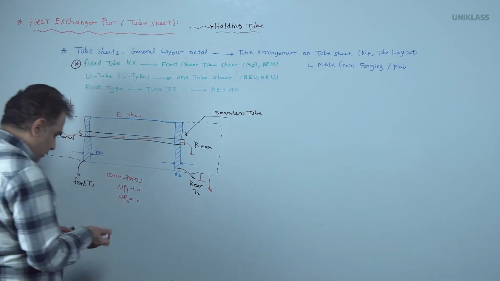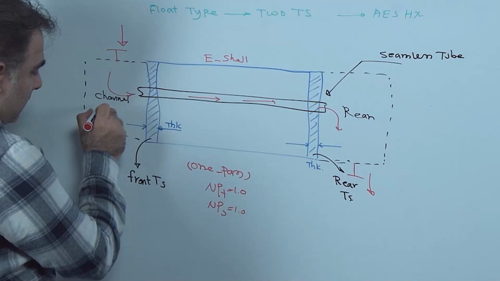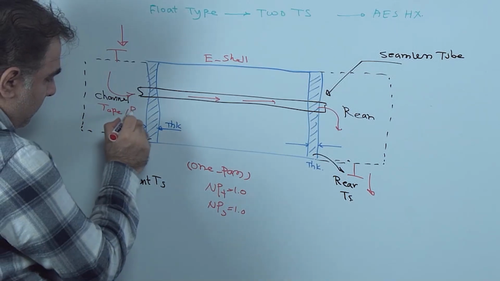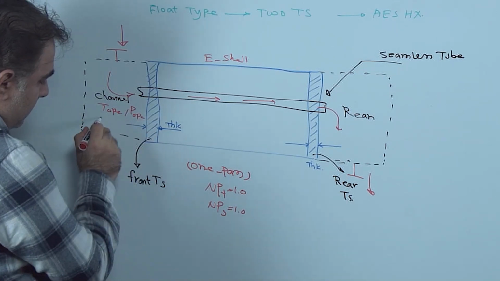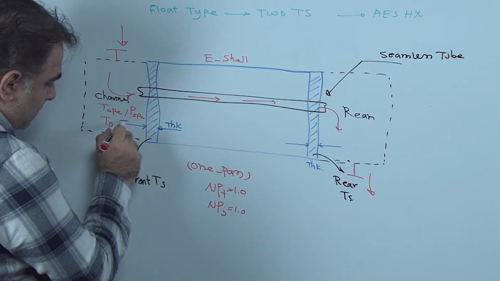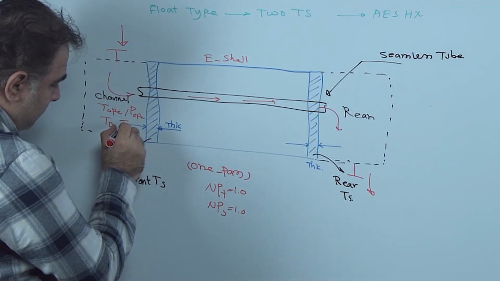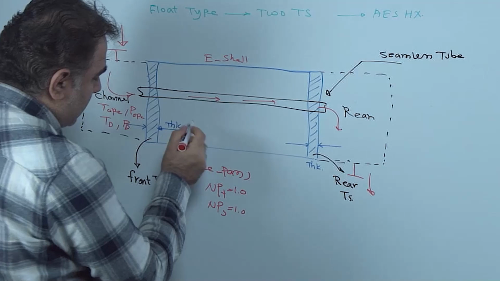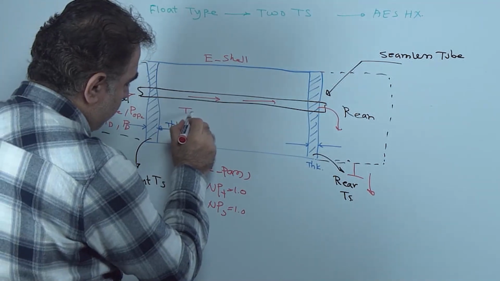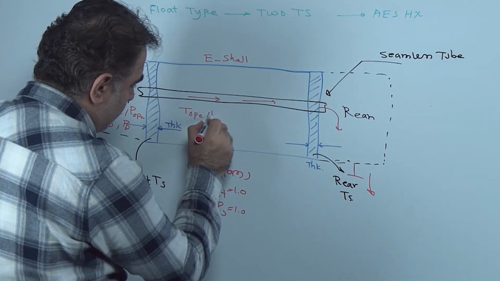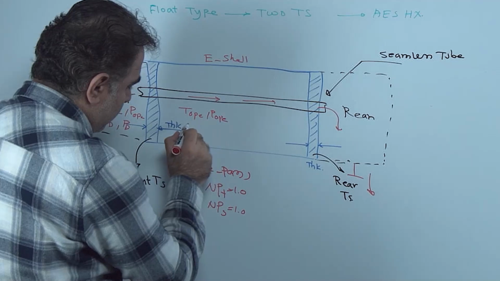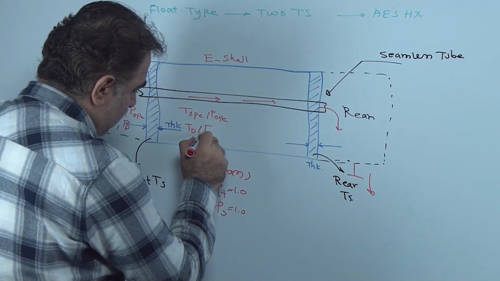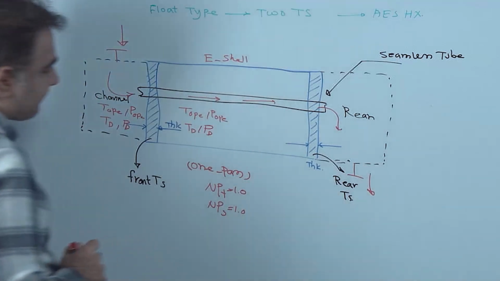We have two portions. One portion here: operating temperature, operating pressure, design temperature, design pressure. On the other side, at the shell side, we have operating temperature, operating pressure, design pressure, and design temperature.